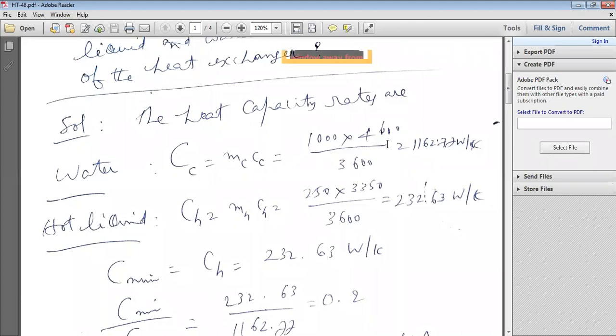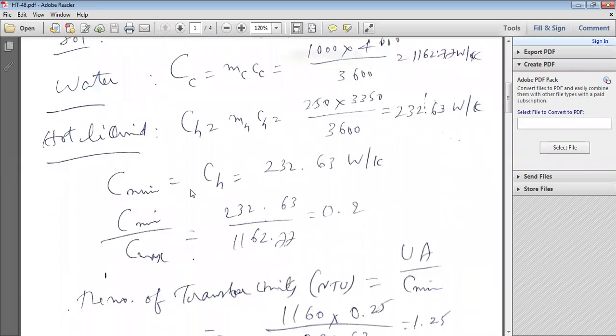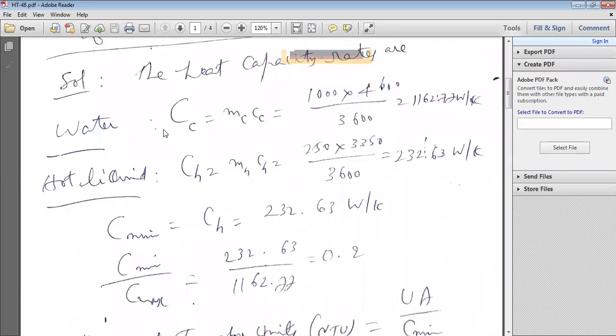So if you calculate, heat capacity of the cold fluid by multiplying 1000 with 4600 divided by 3600, you will be getting heat capacity of water, 1162.77 watt per Kelvin.